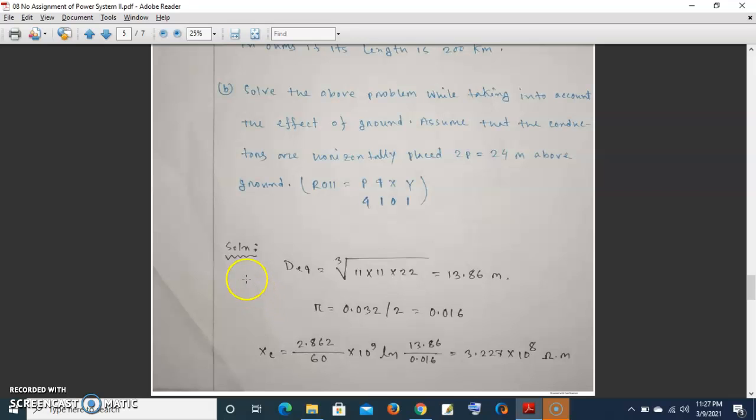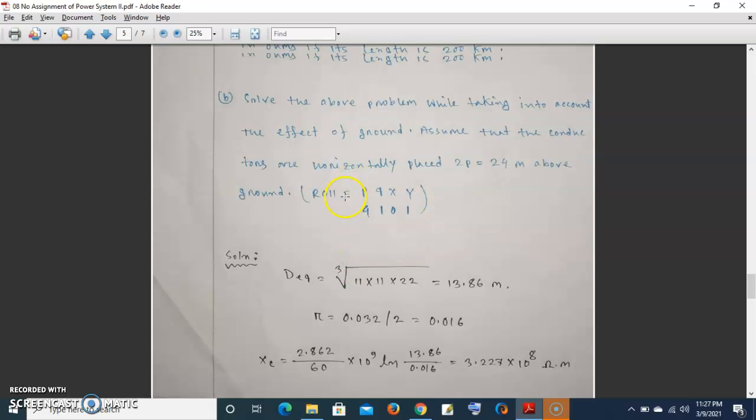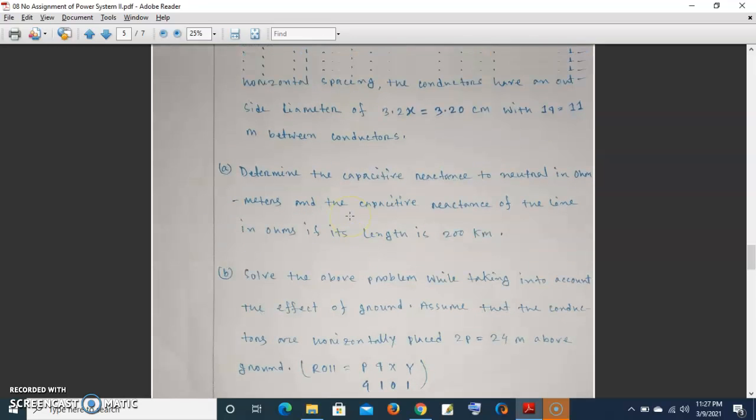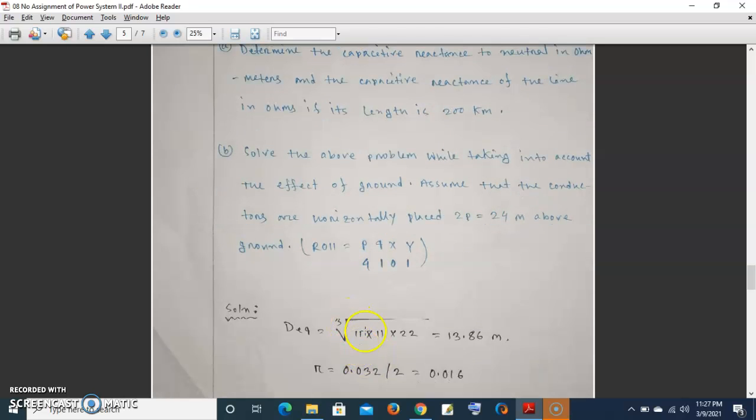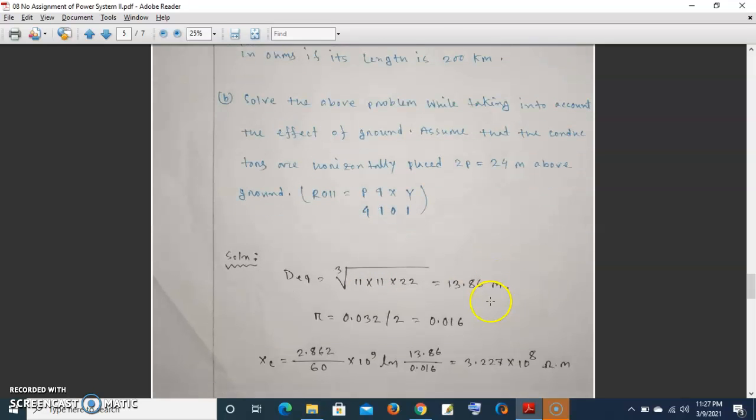We know DEQ equals the cube root of the distances between the conductors, 11 into 11 into 22.